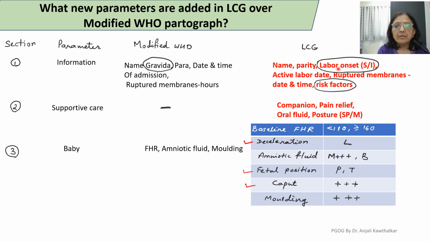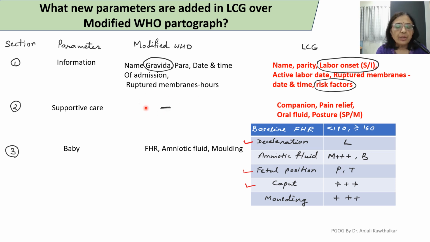LCG has now labor onset, whether the labor is spontaneous or induced, as a new feature, and the risk factors also are added as a new factor in the baseline information, such as whether the patient has anemia complicating pregnancy, preeclampsia. All these are to be mentioned at the top of LCG.